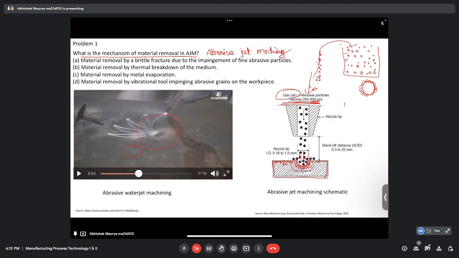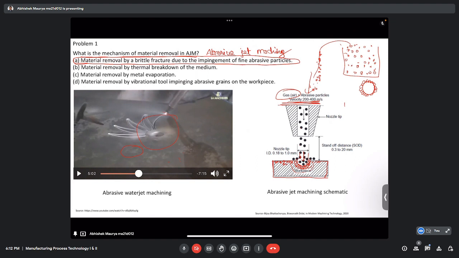So these are the advantages of abrasive jet machining, and the mechanism is the first one, as you already told, the correct answer. Material removal takes place by brittle fracture due to impingement of fine abrasive particles.